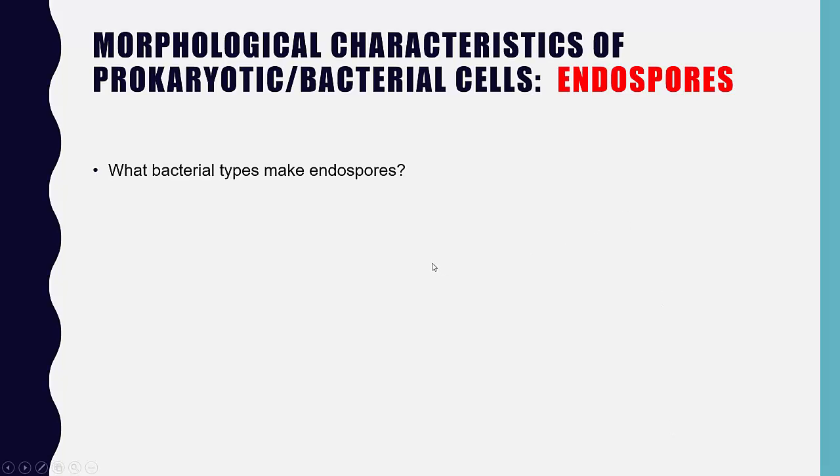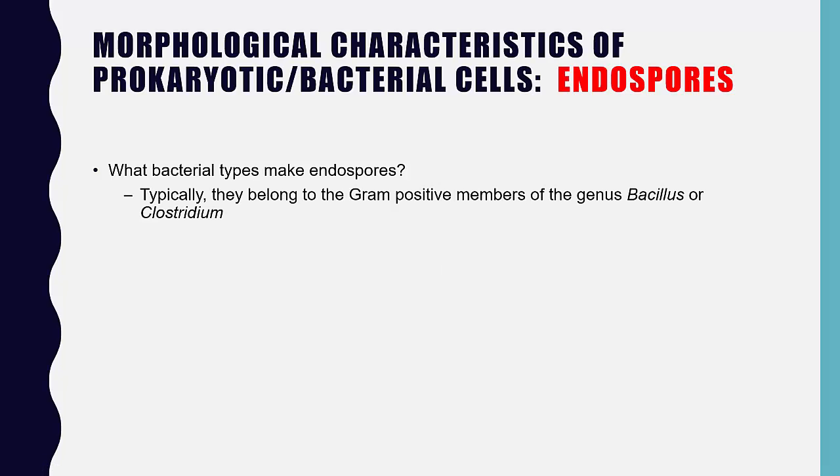So again, what bacterial types make endospores? What do you need to know? Like I said, there are bacteria that belong to the gram-positive groups. We'll talk about that in a little bit. Again, the first name is Bacillus or Clostridium.